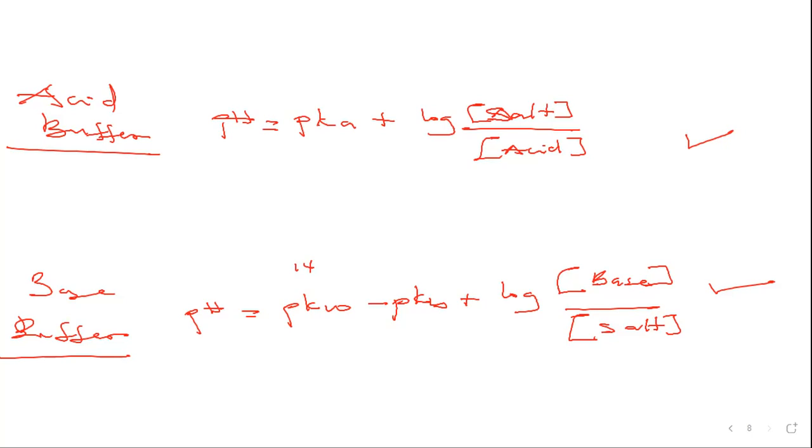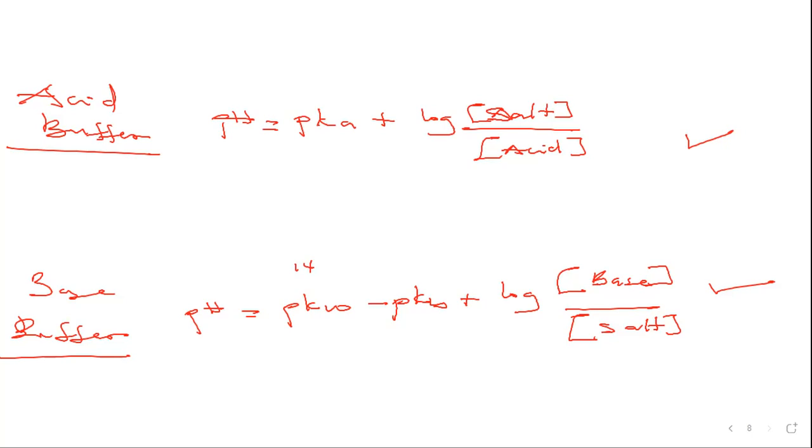Now the question to ask ourselves is, what type of buffer is this? This is a base buffer because it contains ephedrine, which is basic. Even if you don't know, they have given you pKb there, so that should tell you it's a base. And then its salt is the ephedrine hydrochloride.